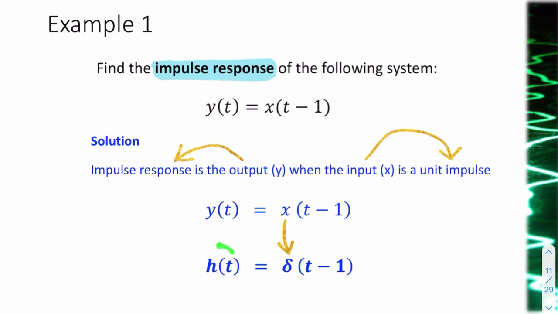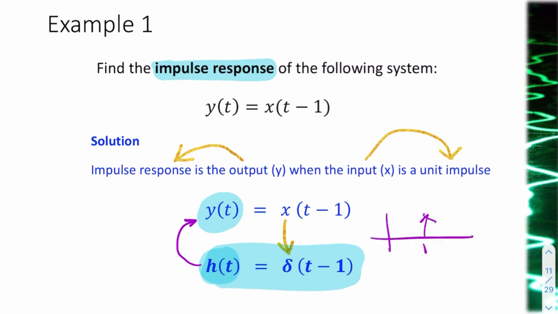So the impulse response is the output when the input, x, is a unit impulse. So there, we've answered it. That is the impulse response. The impulse response is delta of t minus 1. We found it simply by applying the definition.